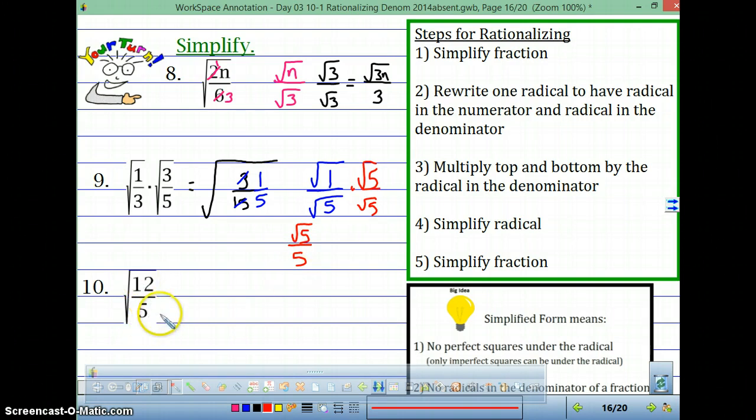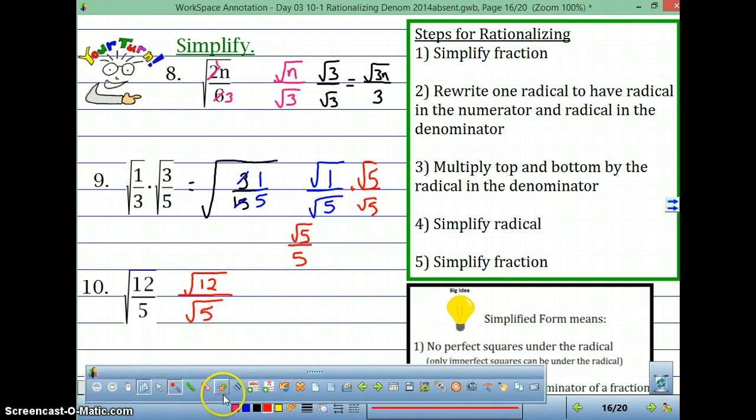Try this one. First things first, can we reduce this at all? No. So let's go ahead and split it into the top and the bottom. A 12 up top, a 5 on the bottom. This one can be factored. It can be factored either into primes or perfect squares.